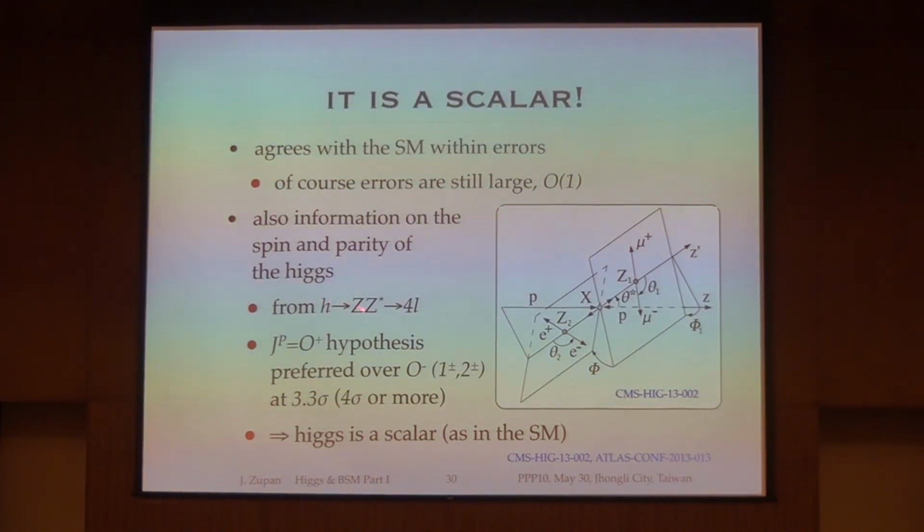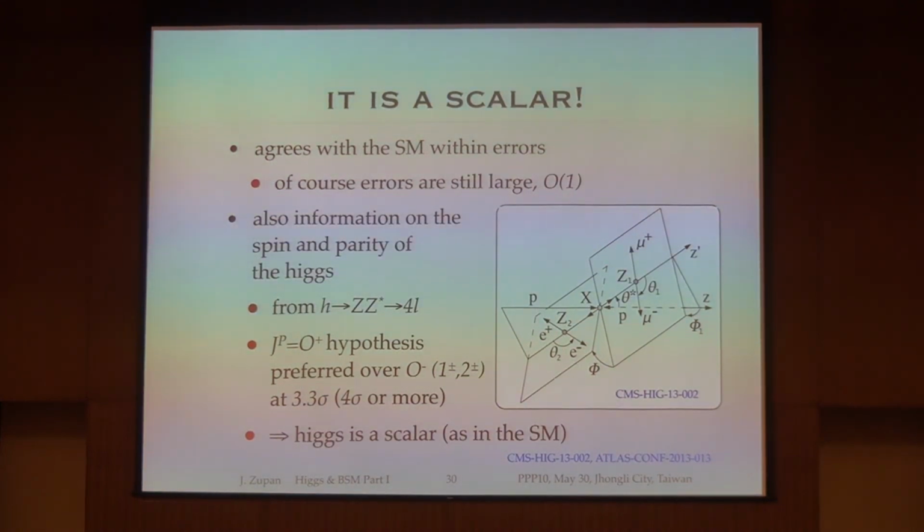So if you measure, let's say, the Higgs to ZZ star, this goes to 4 leptons, you get this horribly complicated kinematics. You stare at this for a while, and you realize that the initial state is either a scalar with a positive parity or a scalar with a negative parity. If you had a spin 2 with the parity plus minus and so on, the distribution of the leptons in the final state will be different.